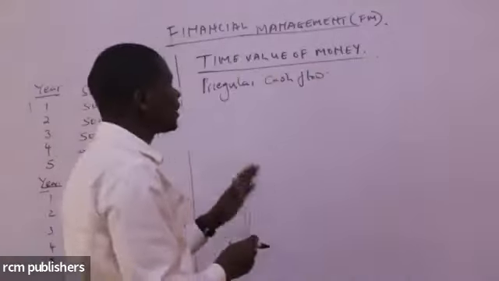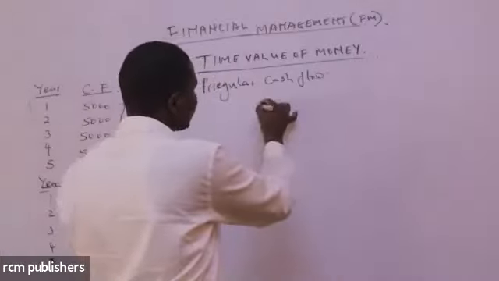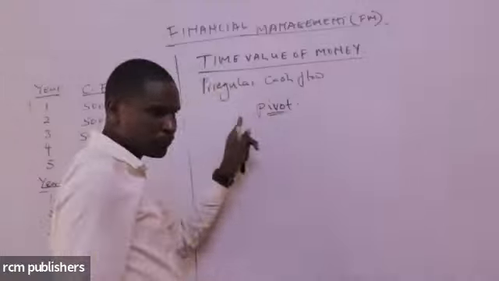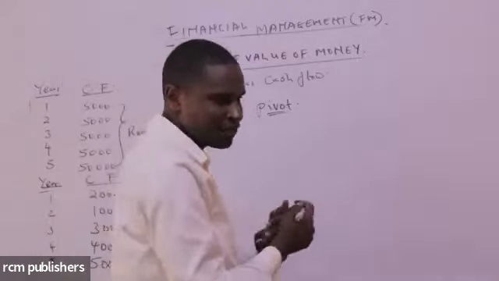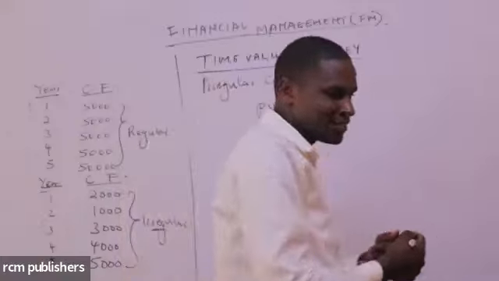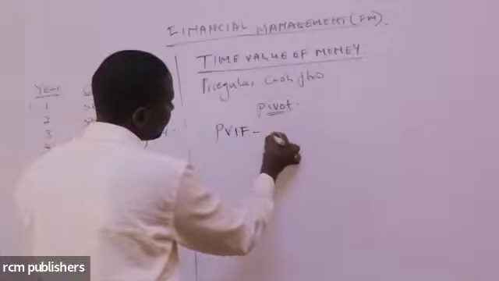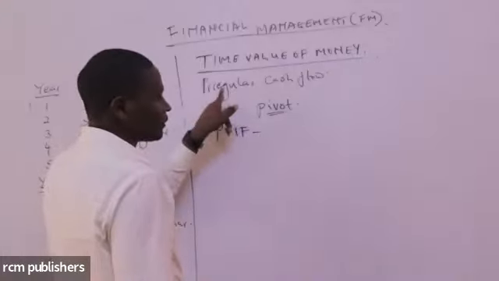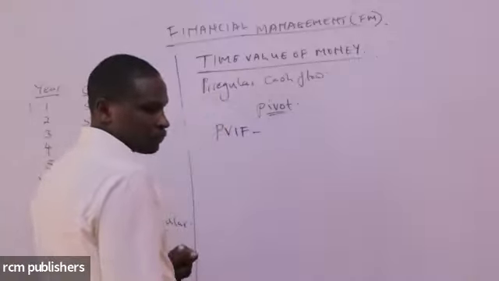Now, in this case, we usually use a certain factor, and that factor we usually call a pivot. It is the one that helps you pivot. This factor is known as PV, the present value interest factor, used to discount irregular cash flow.